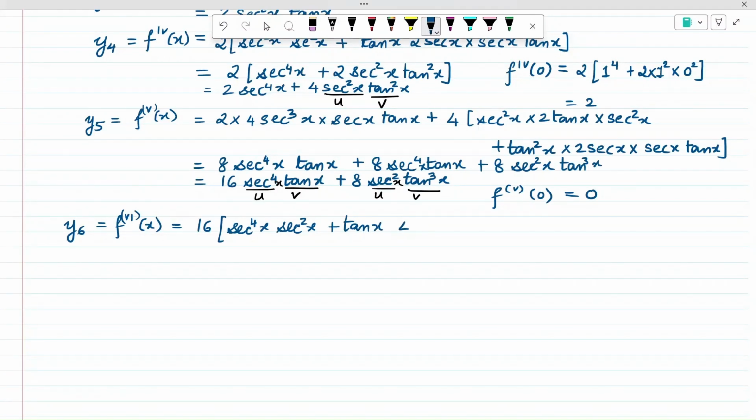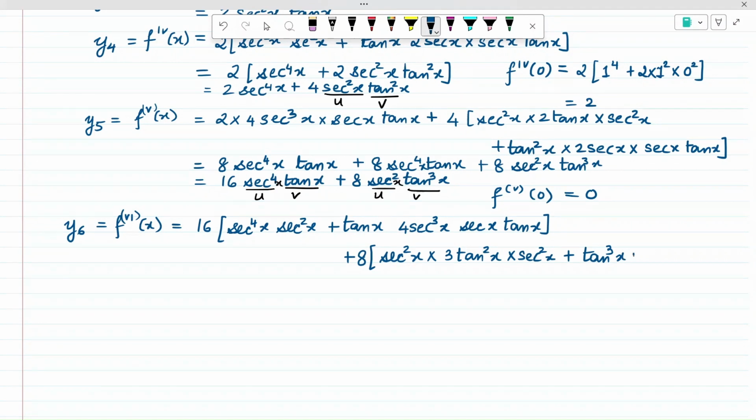The derivative of sec raised to 4 will be 4 sec cube, and the derivative of sec would be sec into tan. Second term, which has an 8, u as it is. The derivative of tan cube would be 3 tan square, and the derivative of tan would be sec square. Plus v as it is. The derivative of sec square would be 2 sec x, and the derivative of sec would be sec into tan.